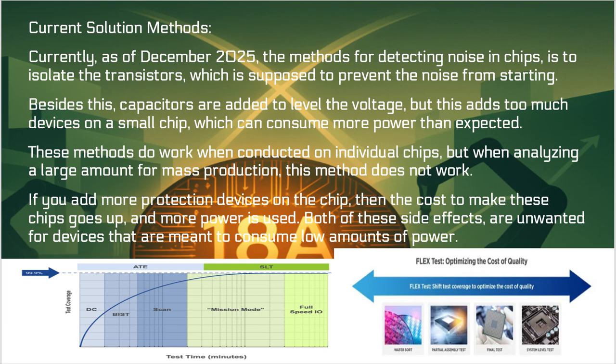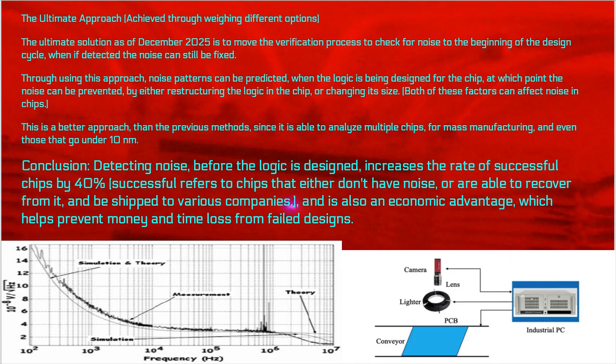As you can see on the bottom of the screen, there's an image. On the left side, there's a graph showing the test time in minutes it takes to detect noise and the amount of test coverage that you get. Now I will discuss the ultimate solution, what I think is the best method to solve this problem.